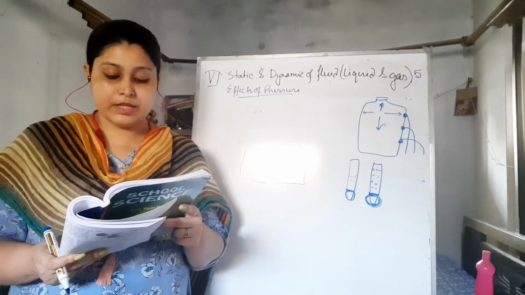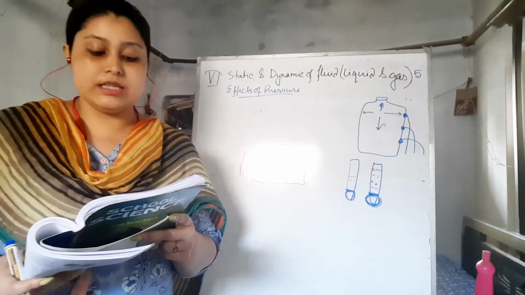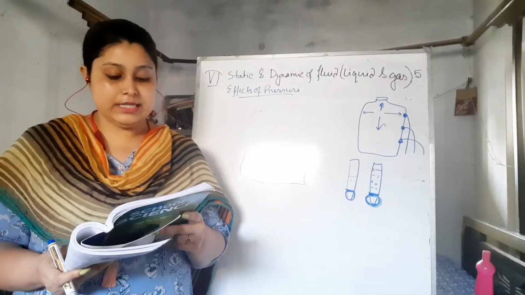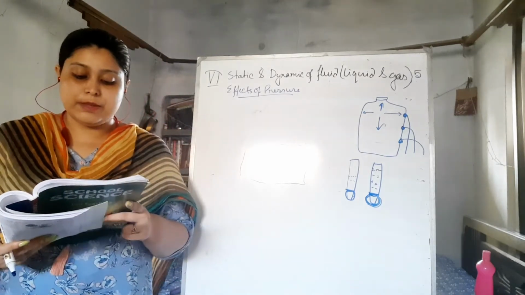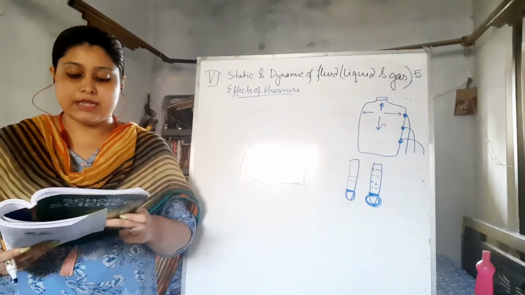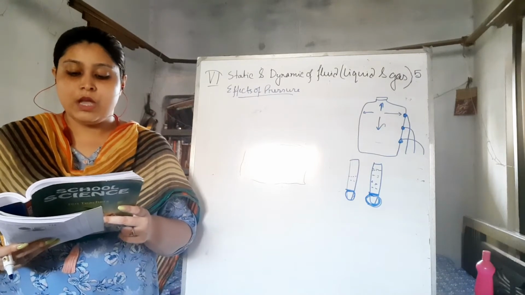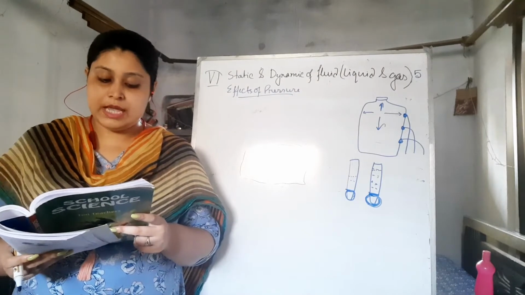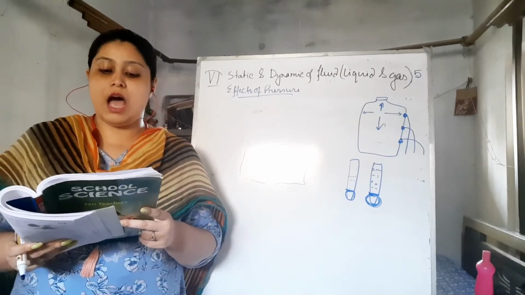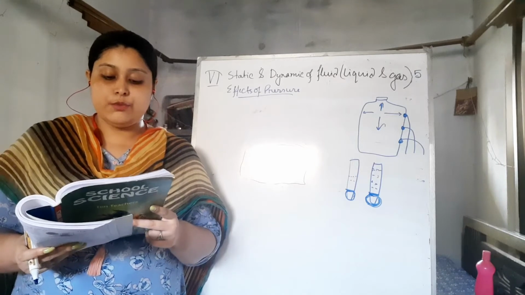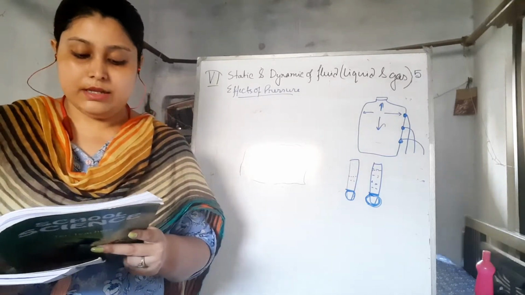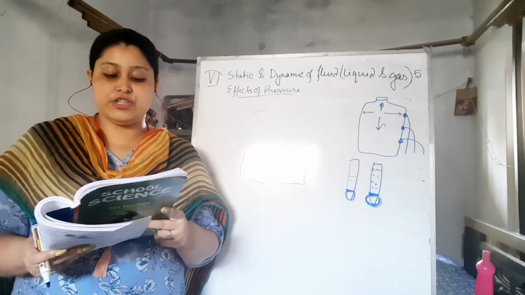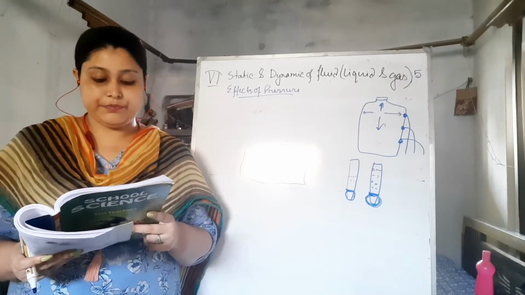The tanks in the domestic and public uses at different parts of the city are much below it, and from this reservoir the main pipe goes through the city and smaller pipes branch off from the main pipe and are led to the different houses of the city. Since liquid flows from the higher level to the lower level, when water from the reservoir is allowed to flow through the pipes, water can easily reach every house in the city.